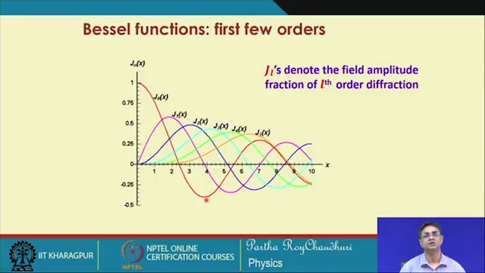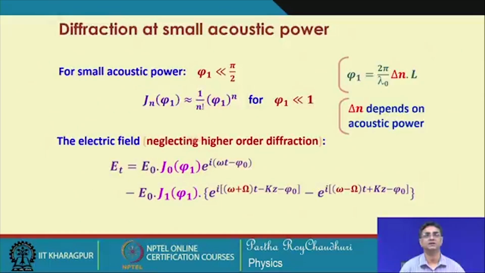So, you just draw a vertical line along this direction, and the intersection with the various Bessel curves will give you the fraction of the amplitude of the electric field corresponding to that particular order of diffraction in the Raman-Nath diffraction case.